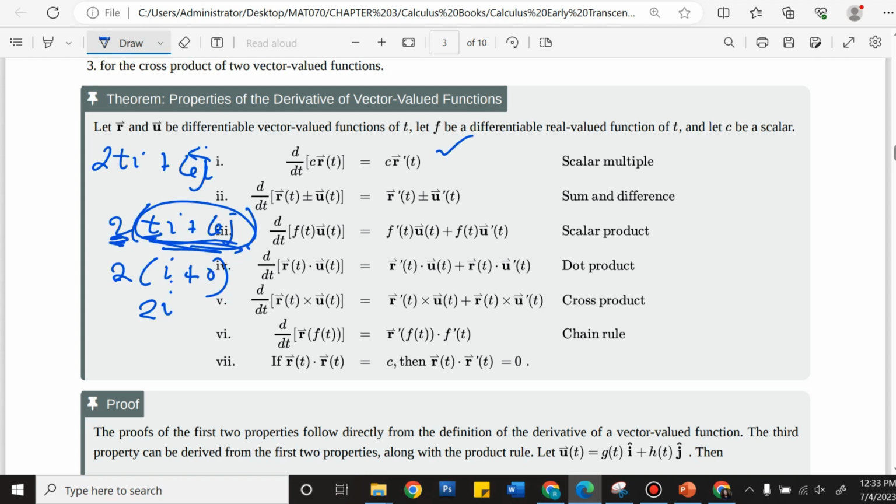For the sum and difference of derivatives, you can derive each one first or take the sum or difference then derive. If you have a function and a vector, same lang gihapon: derivative of the first, multiply by the second, plus derivative of the second, multiply by the first.